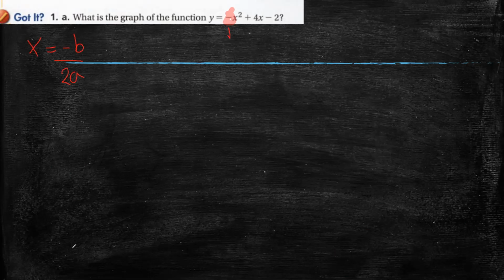Look here. This is a, this is b, and this is c. a is negative 1, b is 4, and c is negative 2. So I know a, b, and c.